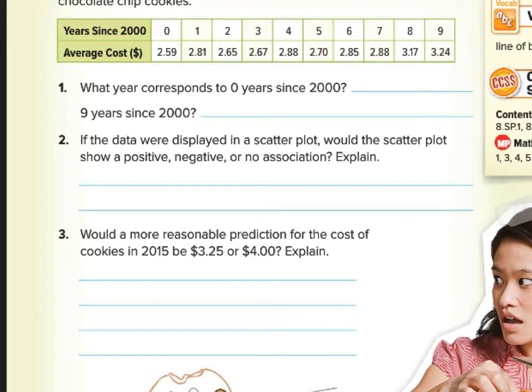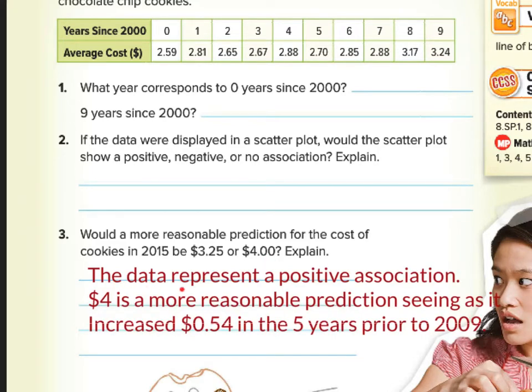So I would say the data represent a positive association. $4 is a more reasonable prediction, seeing as it increased 54 cents in the 5 years prior to 2009. So if it went up by 54 cents, as you can see here, from $2.70 to $3.24, it increased by 54 cents in that time span. Why would it only increase by 1 cent in the next 5 years? It makes more sense that it would jump from this closer to the $4 mark.